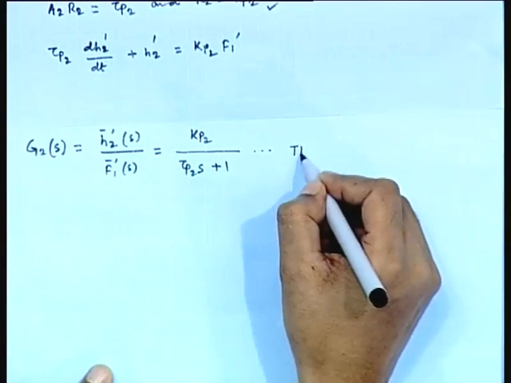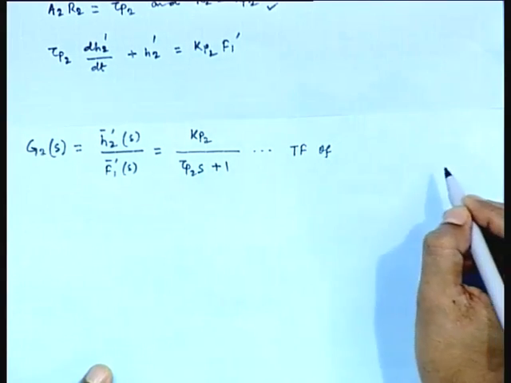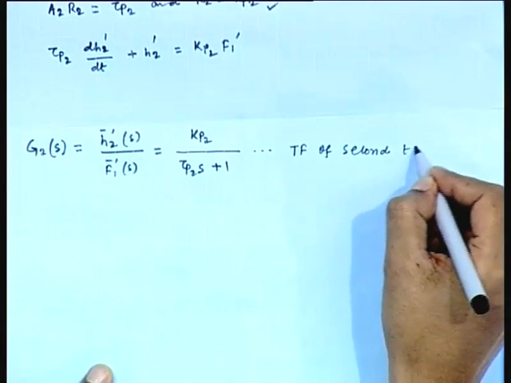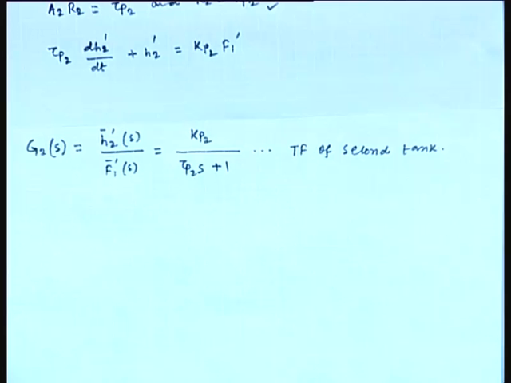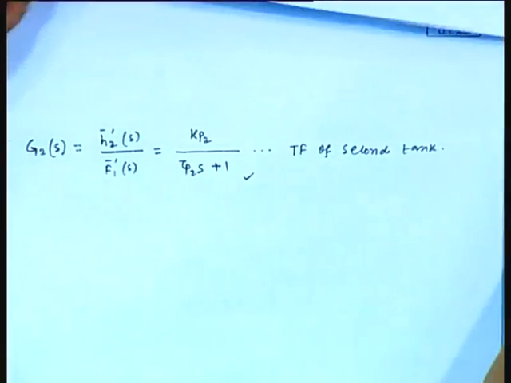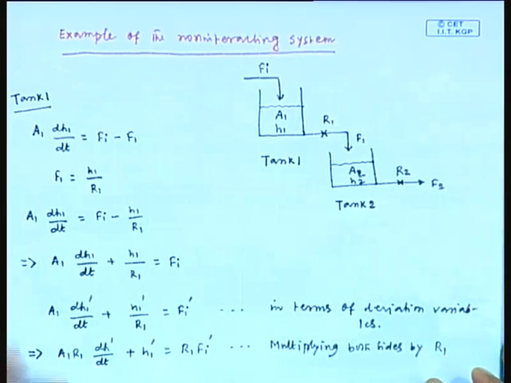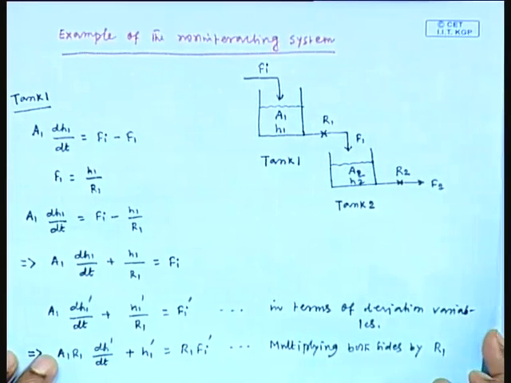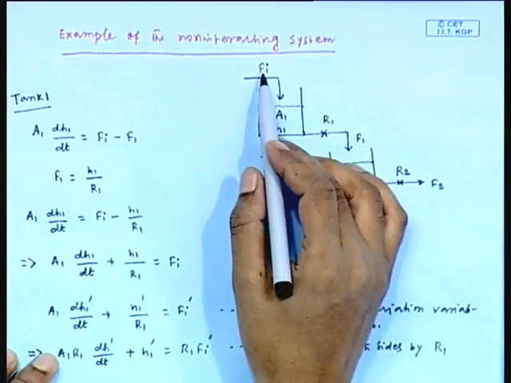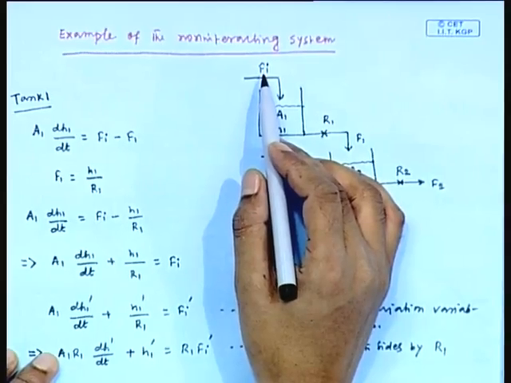This is the transfer function of the second tank, that is tank 2. Now, if you see the schematic of the two tank system, we can say that the overall transfer function will be H2 bar prime s divided by Fi bar prime s.